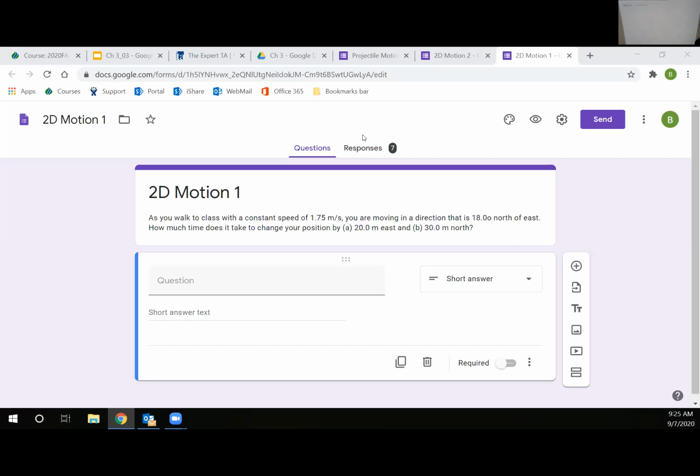All right, I'm just going to wait for about 30 seconds or so, then we can take a look at the solution for this one together.